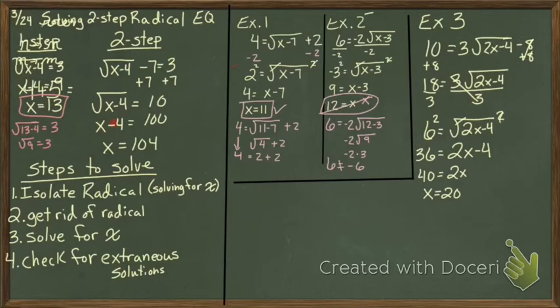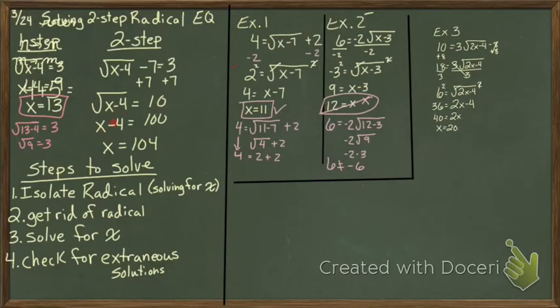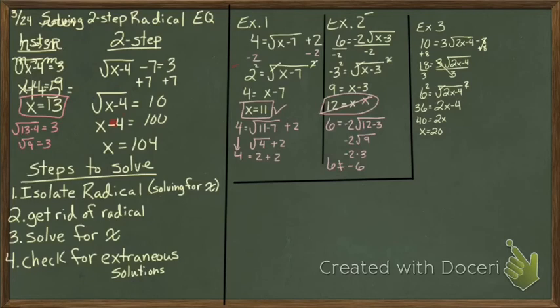So there's all the original work for solving for x. And now what I'll need to do is take that solution that I found and check for the extraneous solution. So I'm going to have 10 equals 3 times the square root of 2 times 20 minus 4 minus 8. And so I'm going to do everything under the radical first.